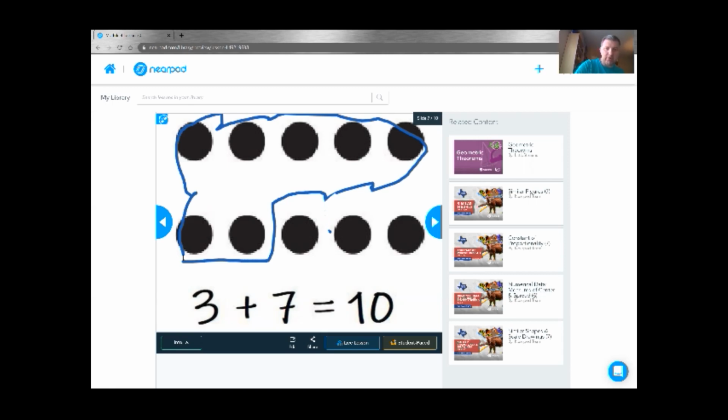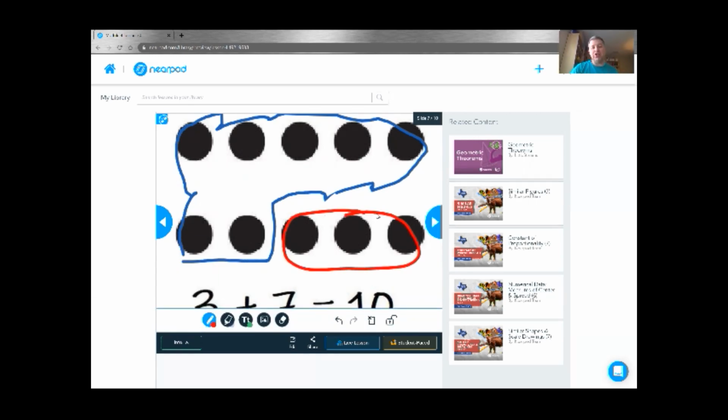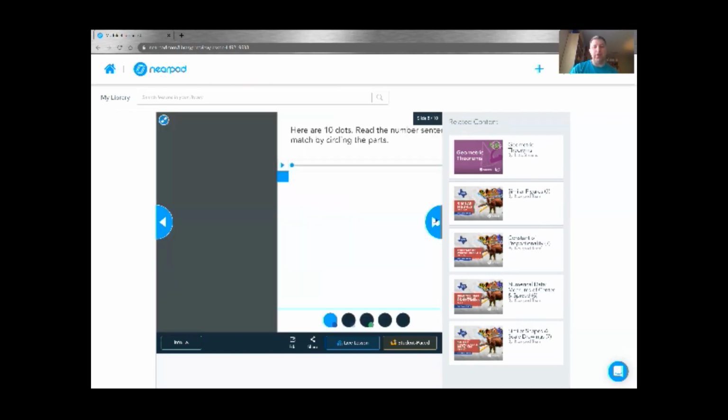Just going to erase that real quick. There we go. And a group of 3. We'll use red to show the parts, okay? And you're going to do that with the other ones too, all right?